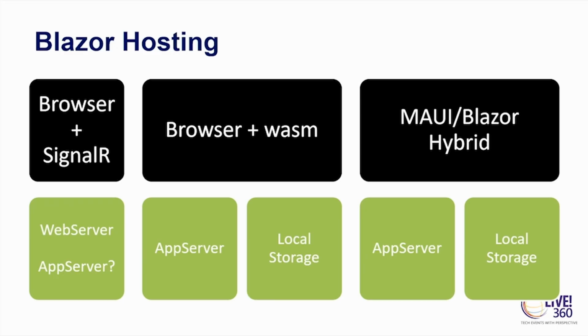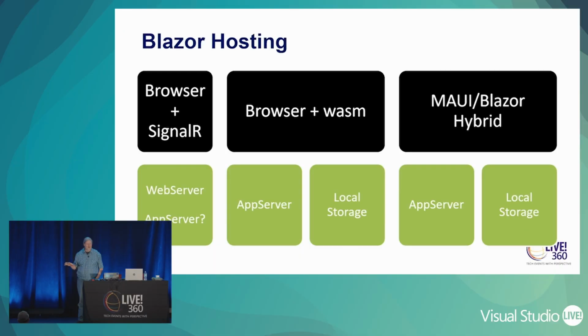So the way this works is Blazor can be hosted and normally is hosted in a browser, right? And so either your Blazor code is running on a server with a SignalR pipe bidirectional connection that connects it to the browser, so the user gets what feels like an immediate interactive experience, even though your code is running on the server.